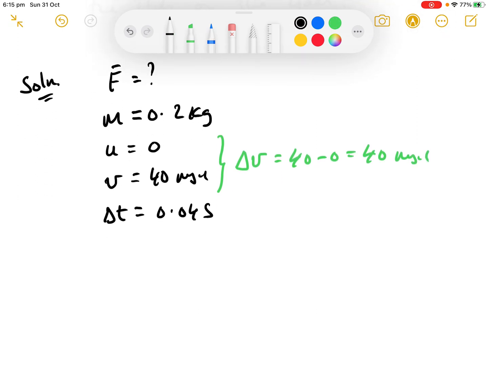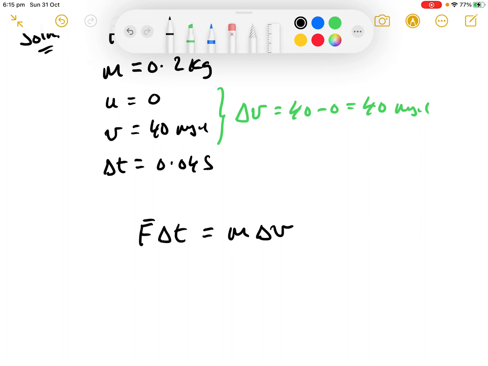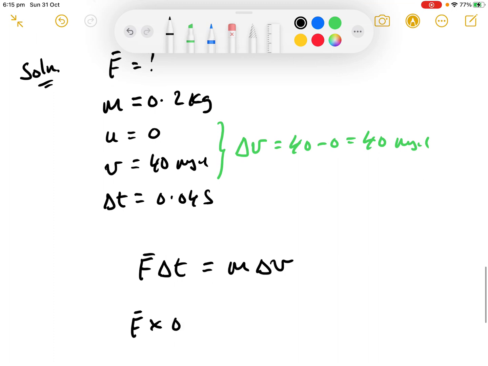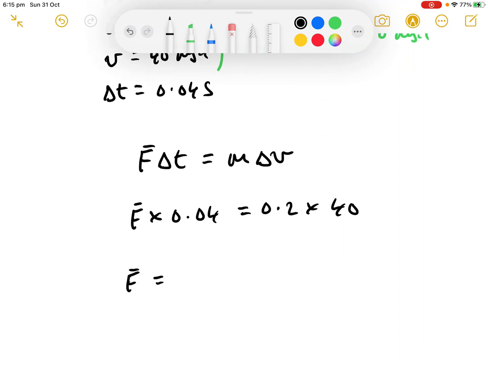So, set up our equation. F bar delta T is m delta V. Put in our numbers. F bar times 0.04 equals 0.2 times 40. Don't do any calculations till the final line to avoid intermediate rounding.